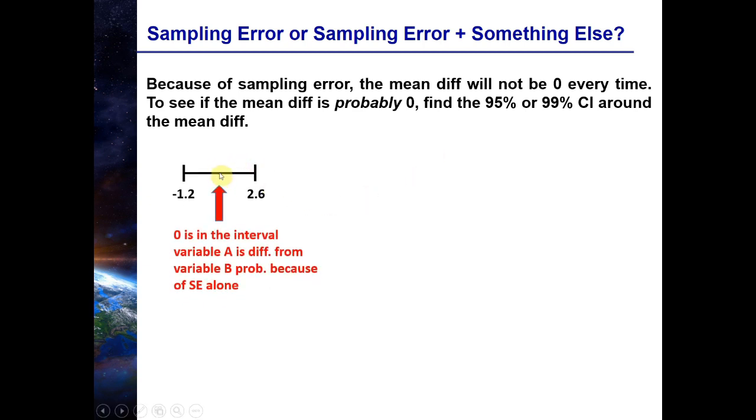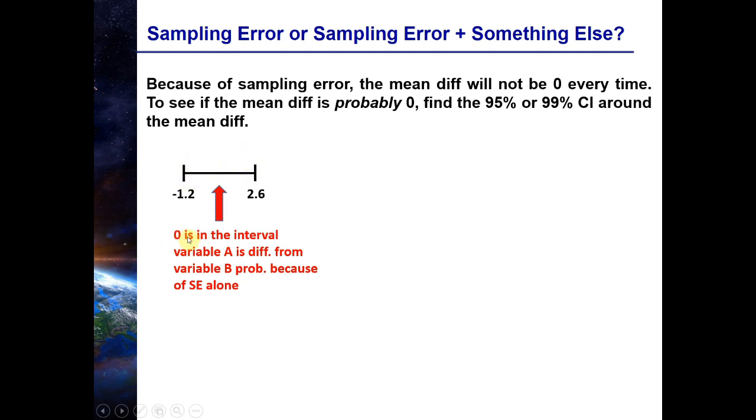So what you're going to end up with is an interval, and whatever number is right smack in the middle is the average difference that you calculated on the previous slide. Remember you had like the 3, the -2, the 0, the +6, whatever. You figured out the mean difference, and then you calculated the interval around it.